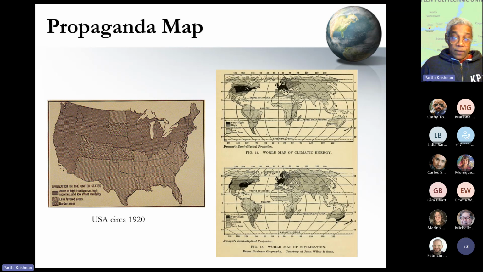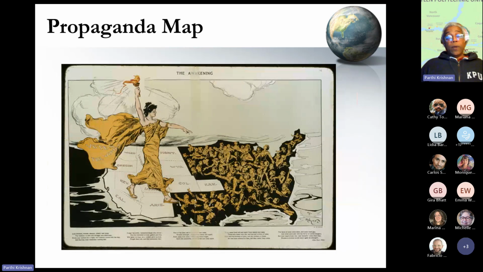As a counter to this, I wanted to show you this particular propaganda map. In the previous map, you saw how maps can be used to justify abhorrent ideas. In this case, maps can also be used to promote ideas. So this particular map, entitled The Awakening, was published in 1915.